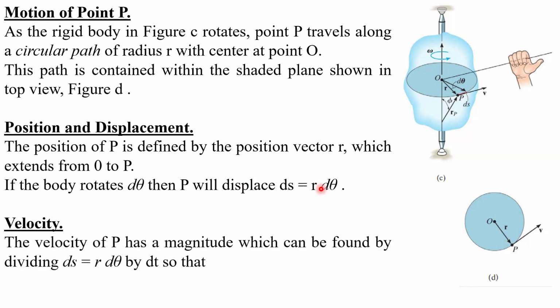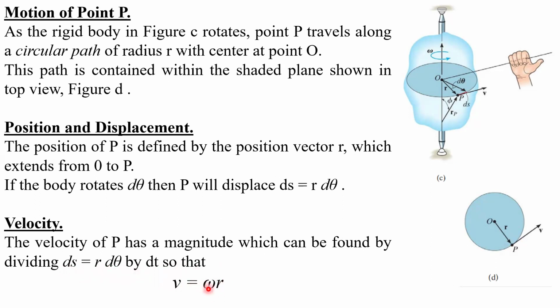Velocity. The velocity of P has a magnitude which can be found by dividing ds, which is equal to r dθ, by dt, so that we have v equal to ds/dt, which is r dθ/dt, which is omega r.